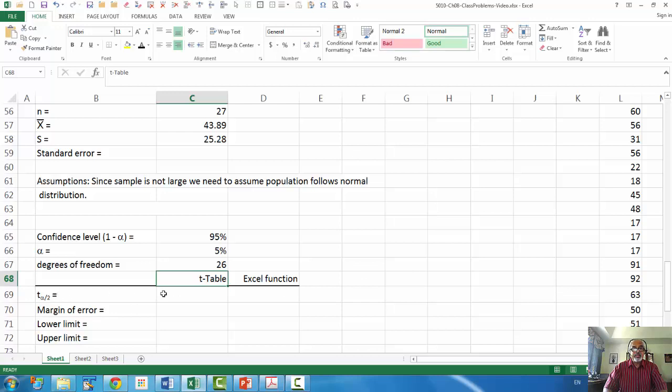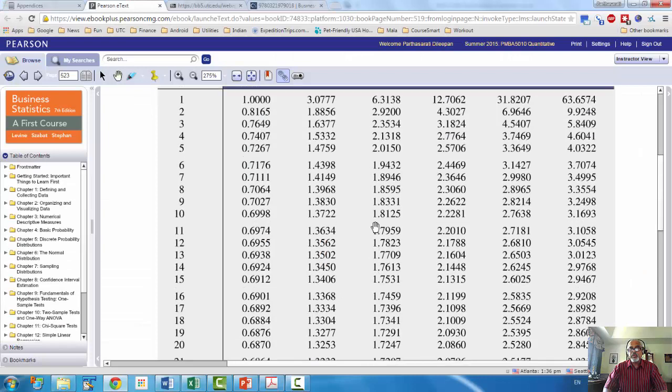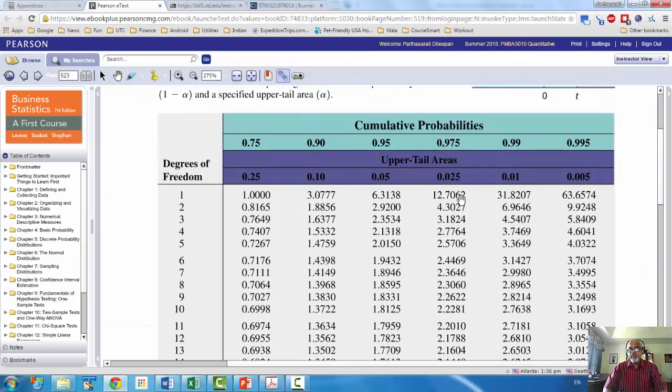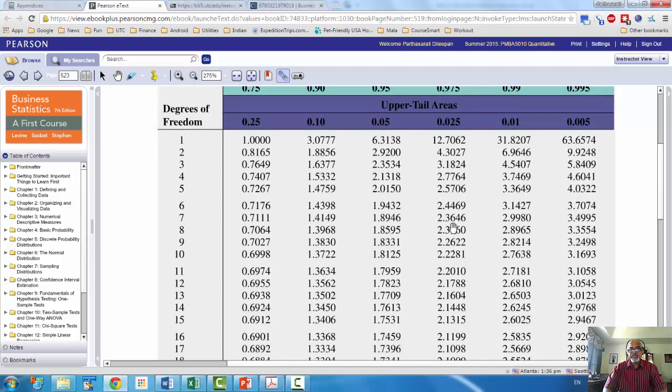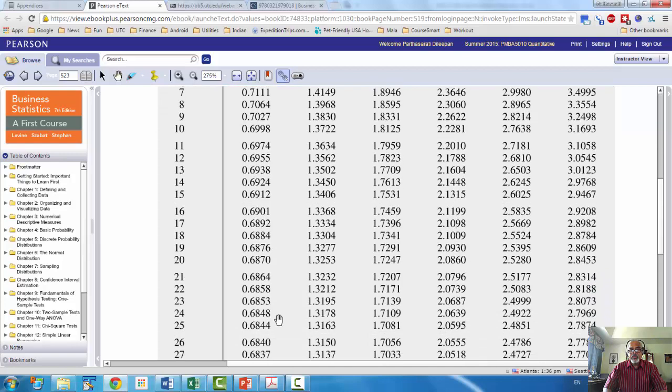So our t sub alpha over 2, with degrees of freedom of 26, let's go to the t table. Here is the t table, and once again we want 0.975 for cumulative or 0.025 for the tail, and 26 is the degrees of freedom. So 2.0555 is the t value.